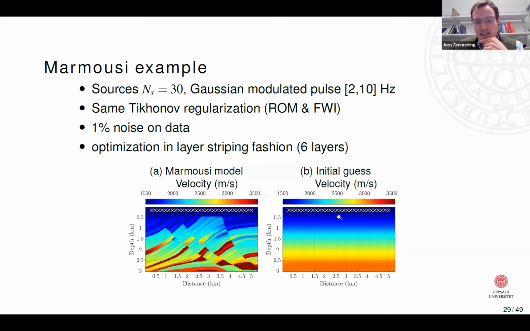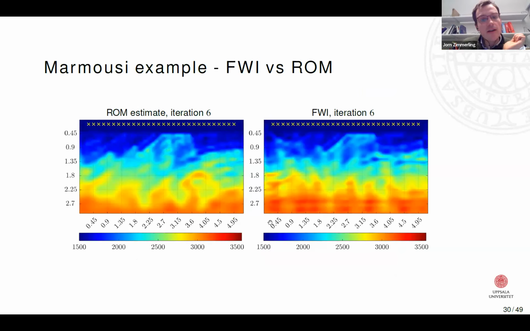And our initial guess here is just a linear gradient in depth, as is common because you're not sensitive to these low variations unless you have very far offsets and have access to diving waves. So then after 6 iterations, FWI and the reduced order model look very, very similar, and you cannot really see any difference between the methods.